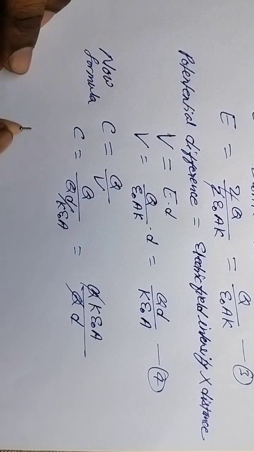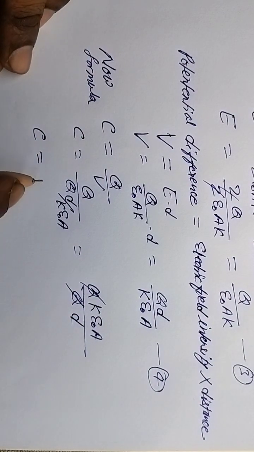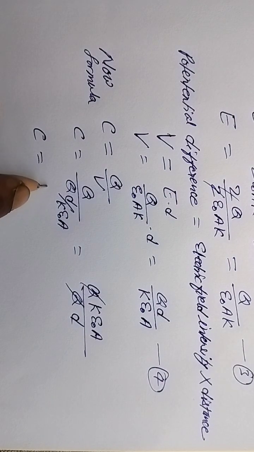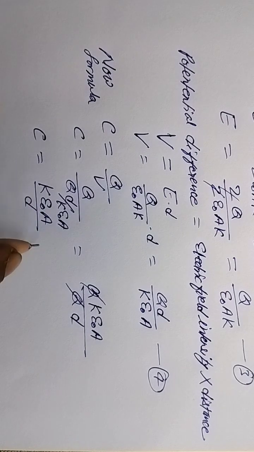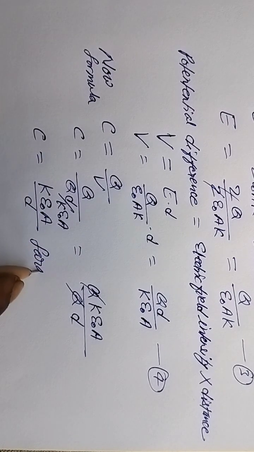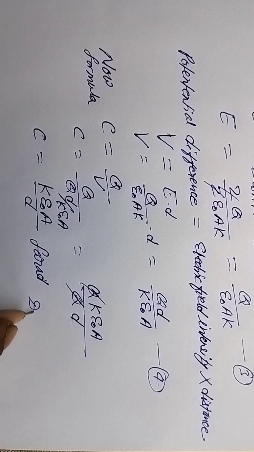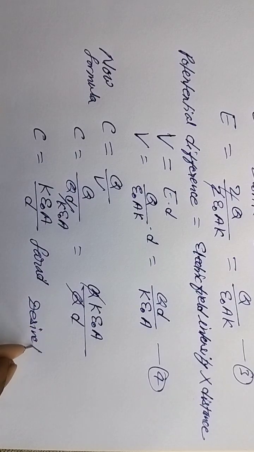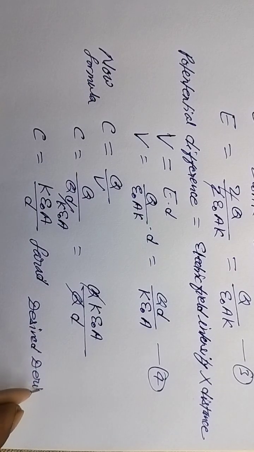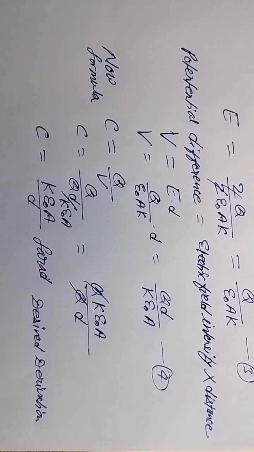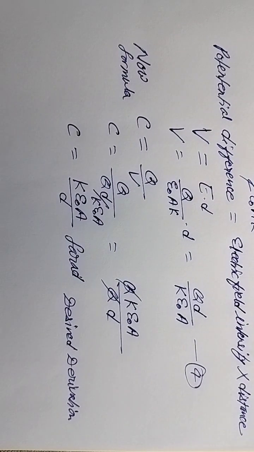Both Q are cancelled. Finally we get the capacity of the parallel plate capacitor, C is equal to K epsilon 0 A upon d farad. Farad is the unit of capacity. This is our desired derivation.